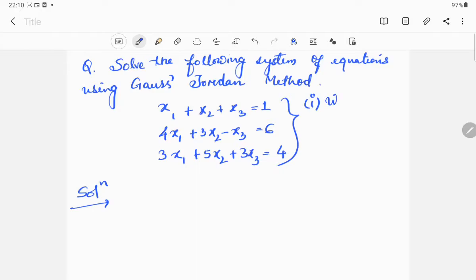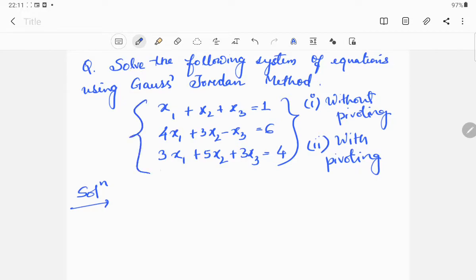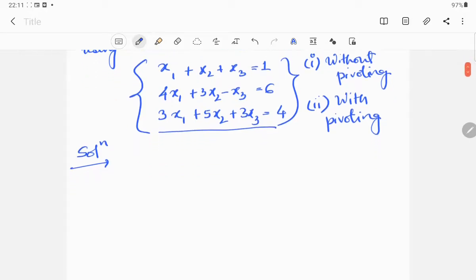The first thing we can do is without pivoting, and number two is with pivoting. Now we will convert this into matrix form. This is very simple.